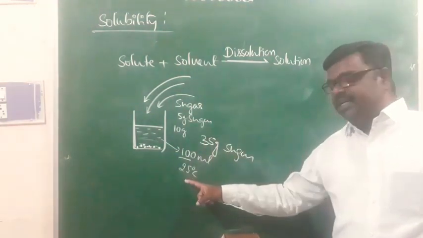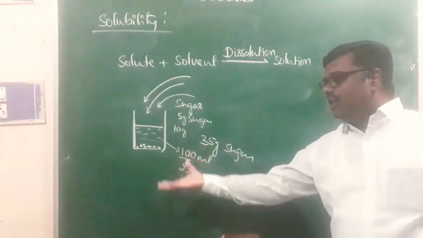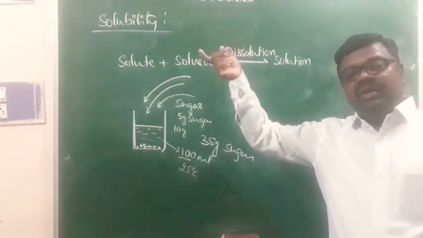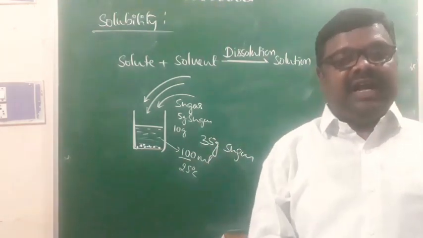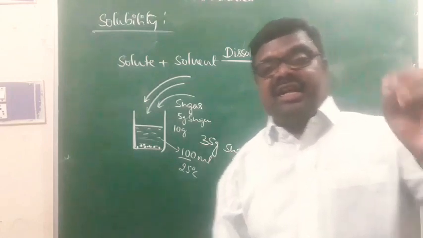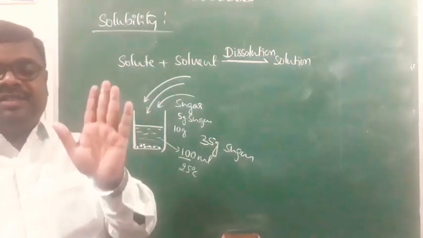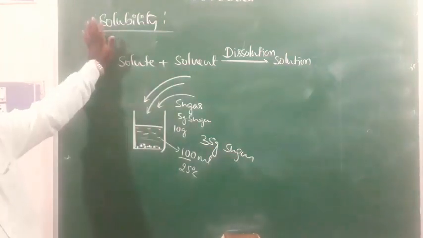If the temperature is changed, solubility will also change. If the volume of water changes, solubility also changes. That's why solubility refers to the maximum amount of solute that can be dissolved in a given amount of solvent at given temperature and pressure.